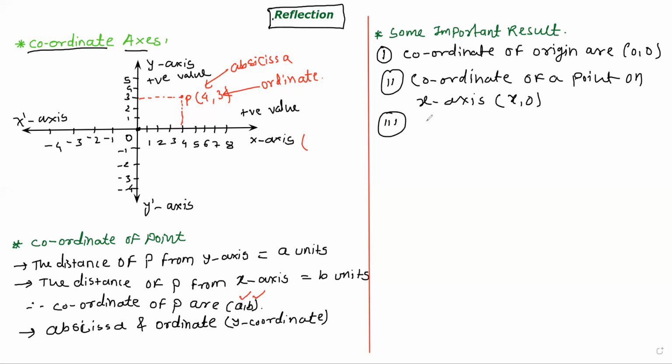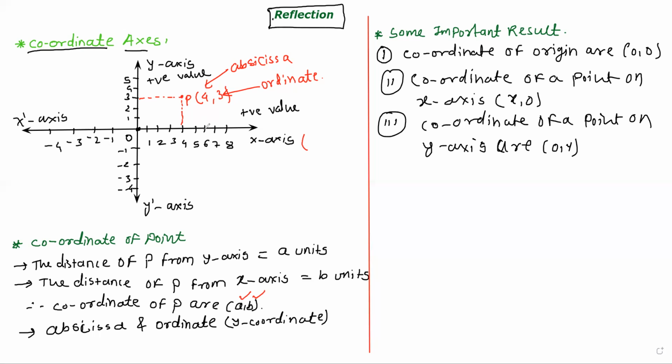Similarly, the coordinates of a point on the y-axis are 0 comma y.